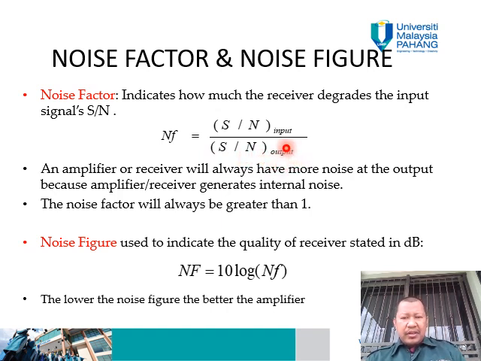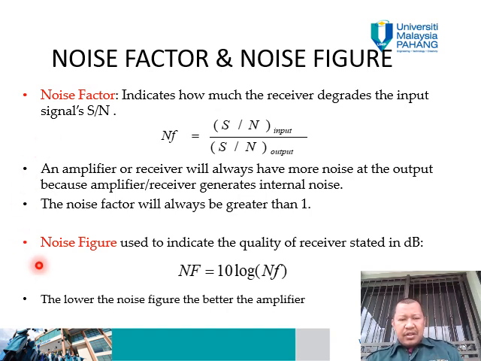So we can see how the signal degrades. An amplifier or receiver will always have more noise at the output because an amplifier or receiver generates internal noise. Therefore, the noise factor will always be greater than 1.